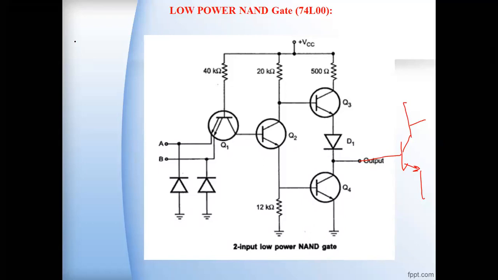And the next one we will discuss is the TTL logic families. In the morning we briefed the TTL logic families. The original TTL family of logic gates was introduced in the year 1960.